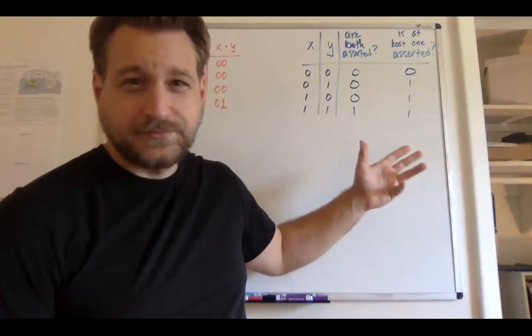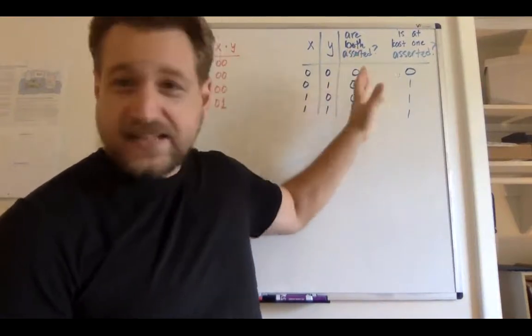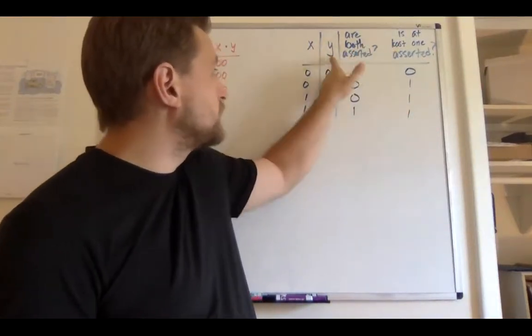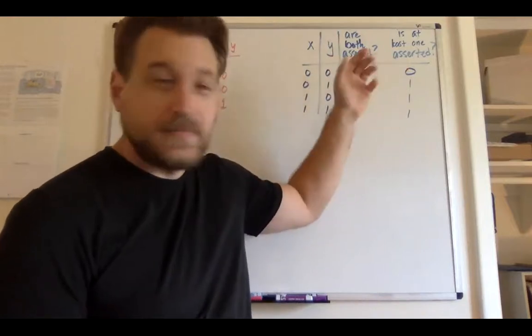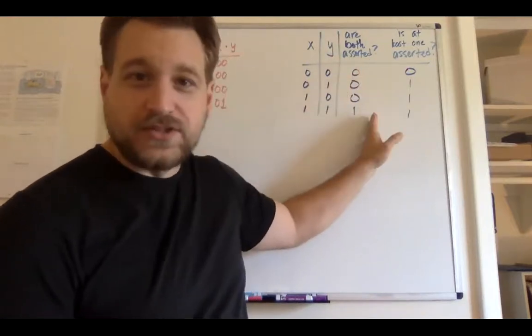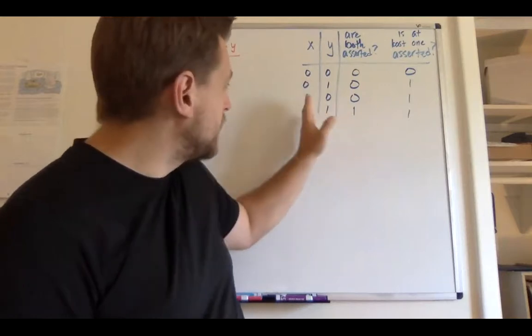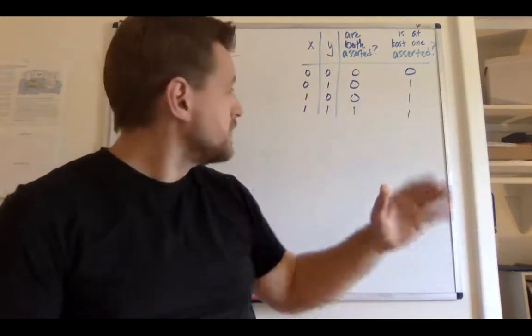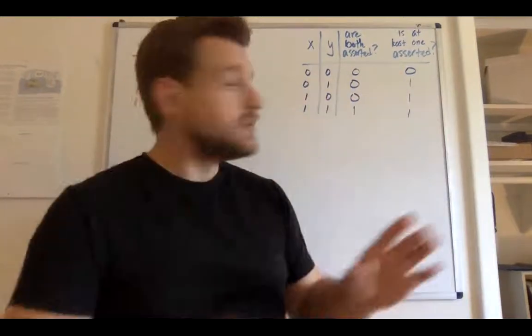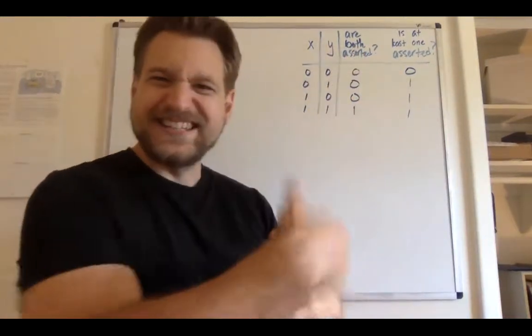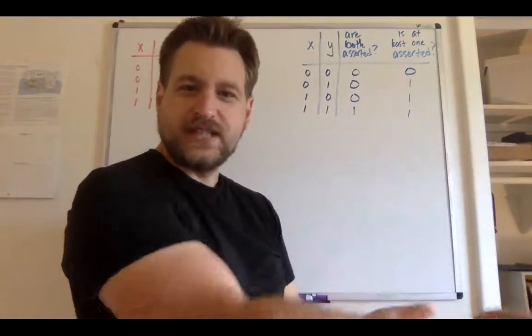Now, the answer to the question, are both x and y asserted, is expressed in the same language as the individual signals x and y. So we could, if we wanted to, treat the answer to this question as its own separate signal.